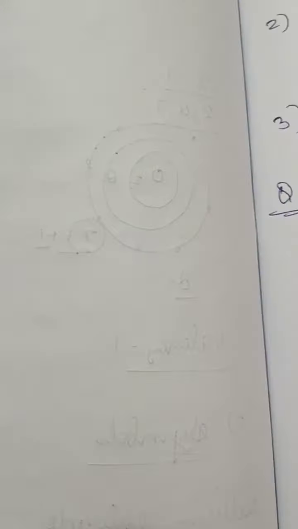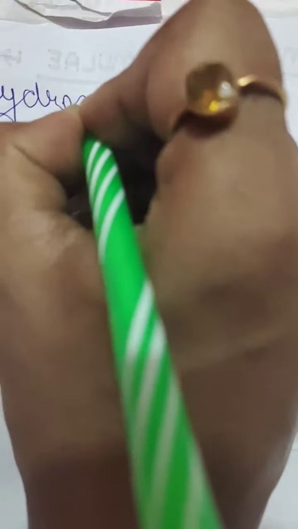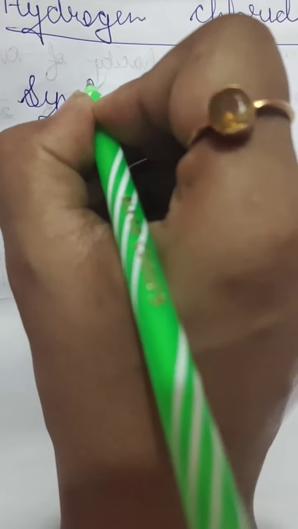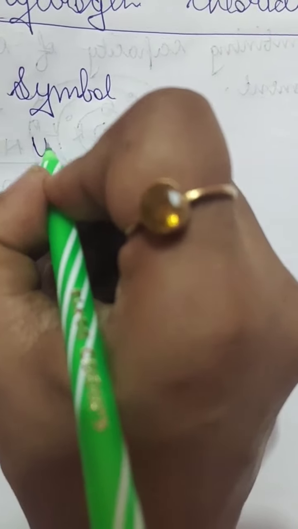There are many more which we can do. Like we can write many other elements. For example, we'll take simple HCl. Okay, hydrogen chloride. So it has the symbol of element and valency.